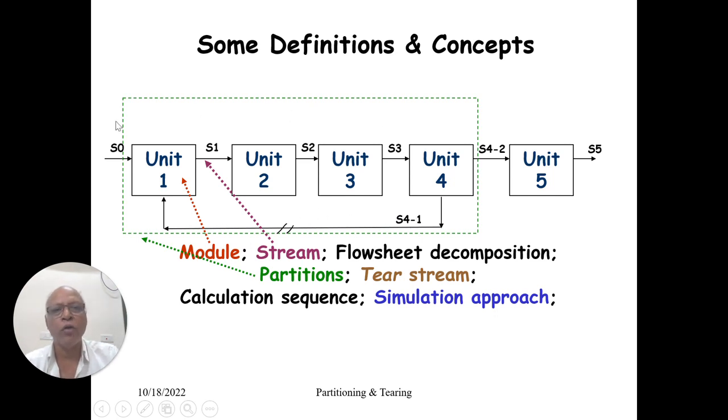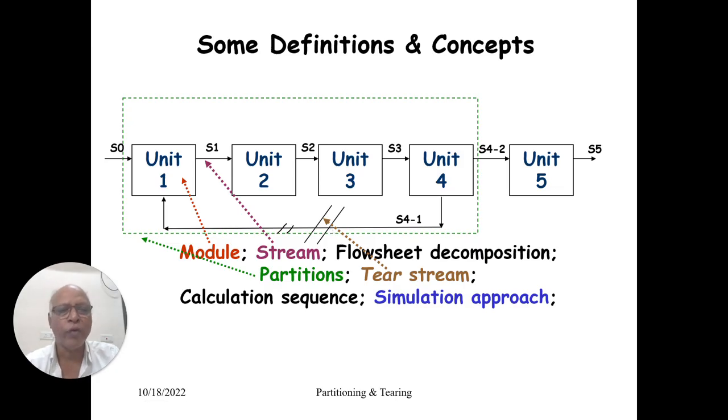So instead of solving all these 5 units as one single problem, we will solve the first partition involving unit 1, unit 2, unit 3 and unit 4. Once we reach a convergent solution with respect to this first partition, then we will be able to solve the second partition, unit 5.